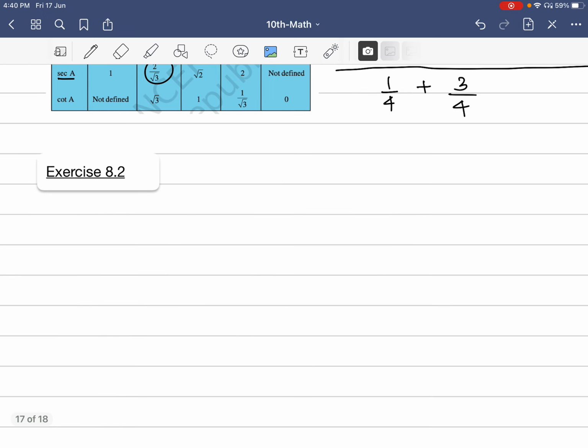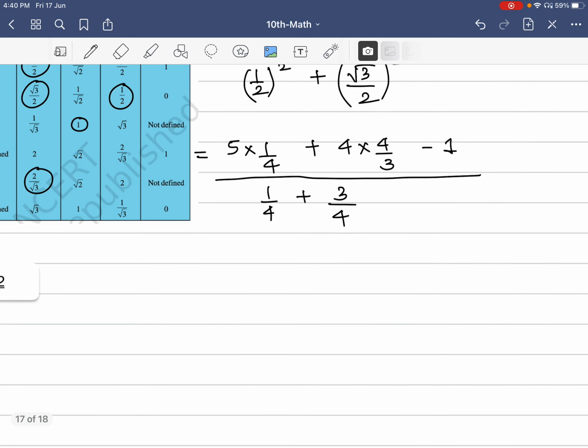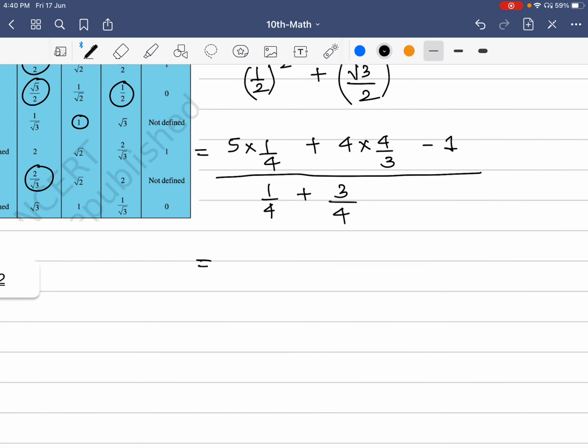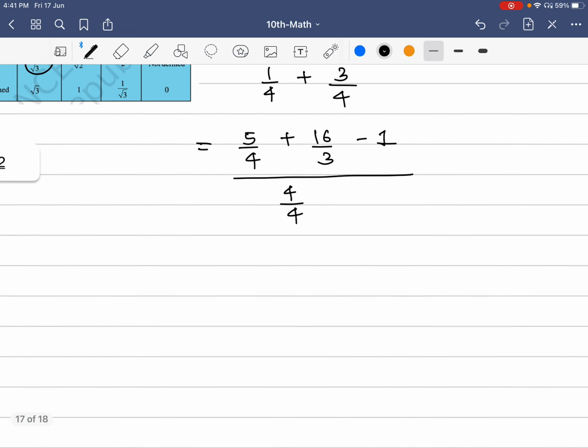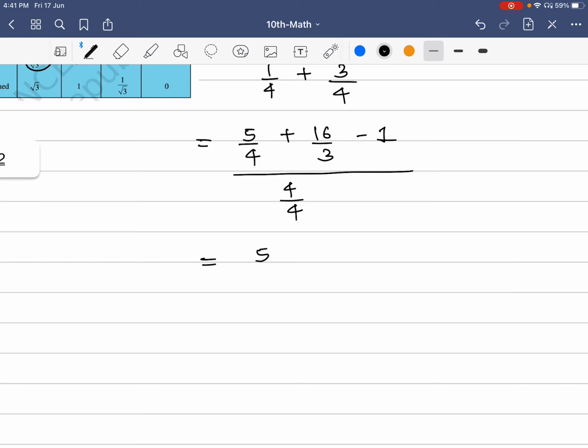Let's remove this so that we can use the space below. Now this is equal to 5 by 4 plus 4 into 4 is 16 by 3 minus 1, the whole divided by 1 by 4 plus 3 by 4, which is actually equal to 4 by 4, and 4 by 4 is 1. So this is equal to 5 by 4 plus 16 by 3 minus 1.